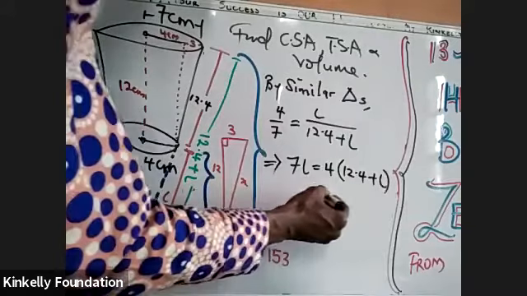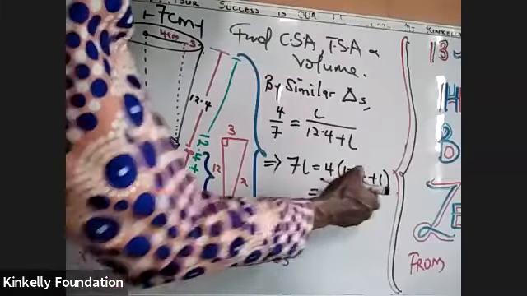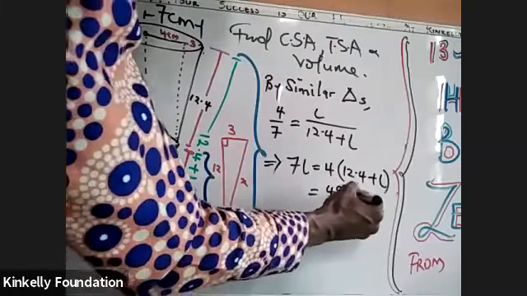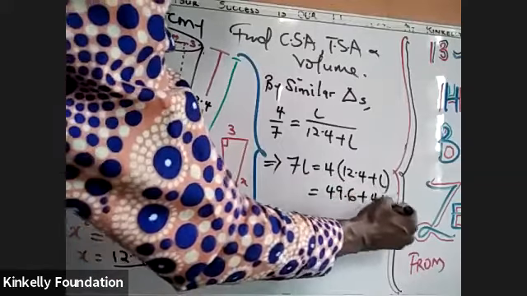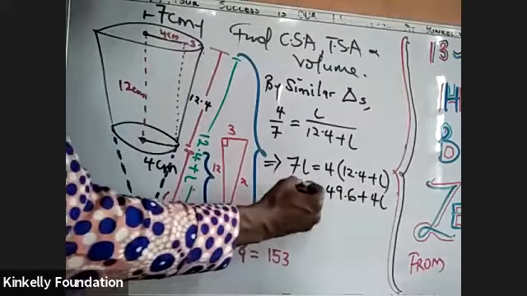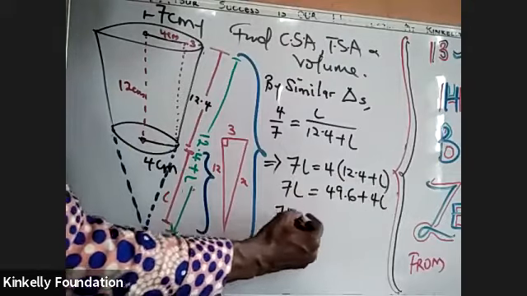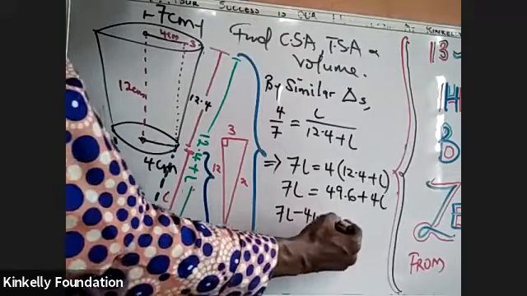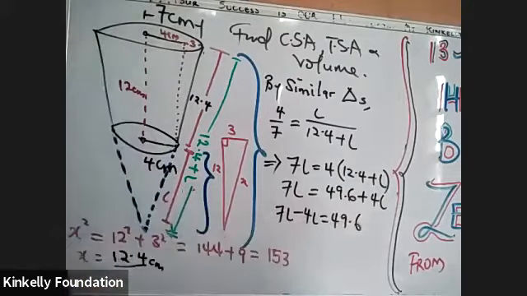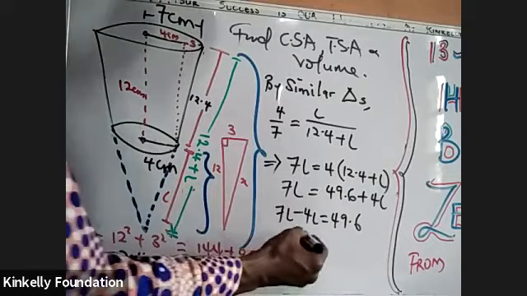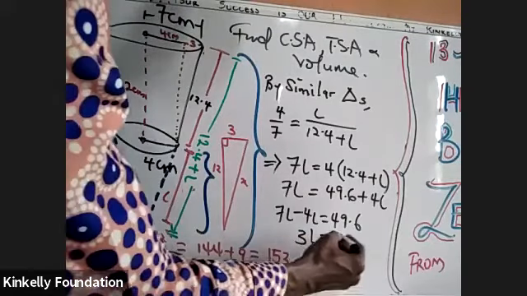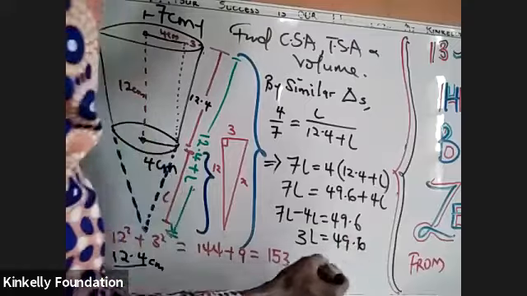So this gives us 49.6 plus 4L equal to 7L. 7L minus 4L will now be 49.6. This gives us 3L equal to 49.6.